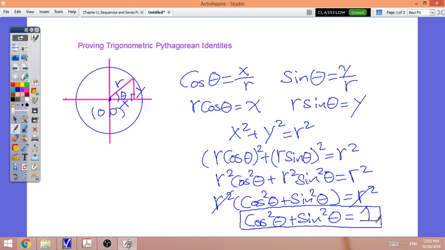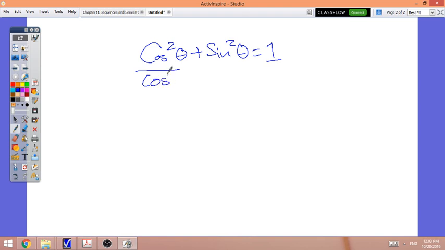And for those of you who might be wondering how to prove the rest of the Pythagorean identities, here are another two steps. Let me just show you that. We already proved the basic one, cosine squared of theta plus sine squared of theta equals 1. In order to prove the rest, from here we divide everything by cosine squared of theta, every single term.